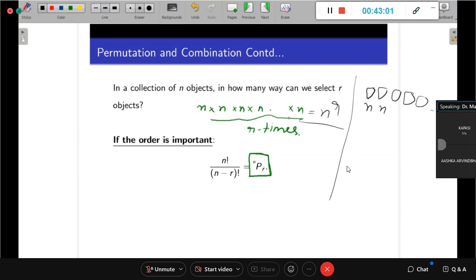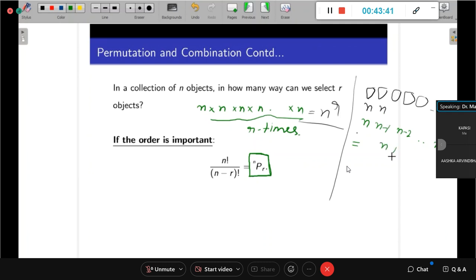And repetition is not allowed. The first place has n choices, the second place has n minus 1 choices, the third place has n minus 2 choices, and so on. The rth place has how many choices? n minus r plus 1. If you try to write it in terms of factorials, if you complete it, what is remaining is n minus r down to 1.